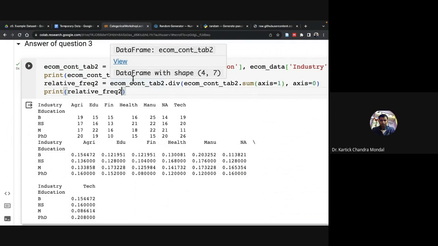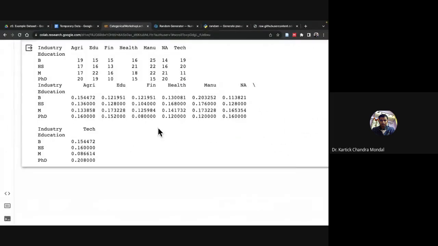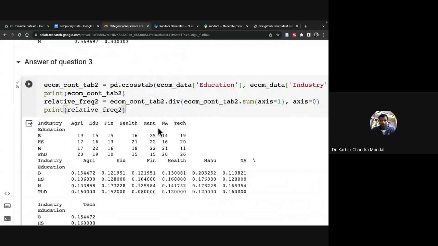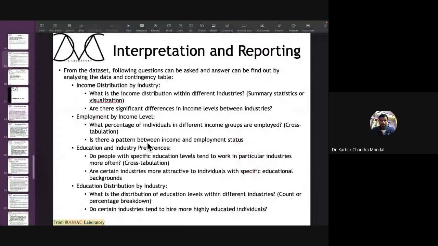You can generate the column wise relative frequency, and you can get another set of results. That is part of the experiment. You can do this kind of experiment, how to generate column wise relative frequency that I have shown you. You can get not a different result, but a different analysis.